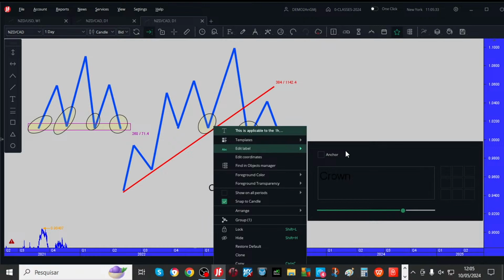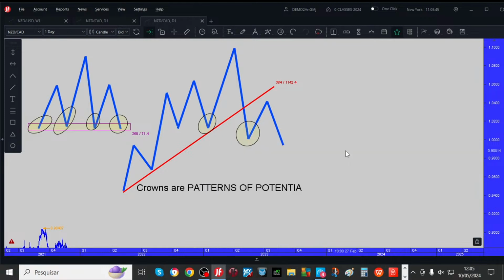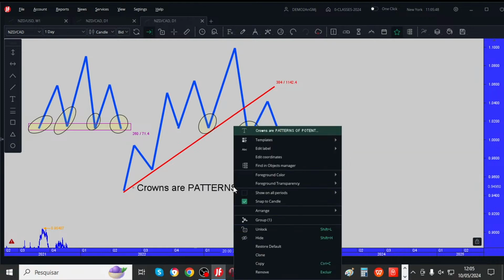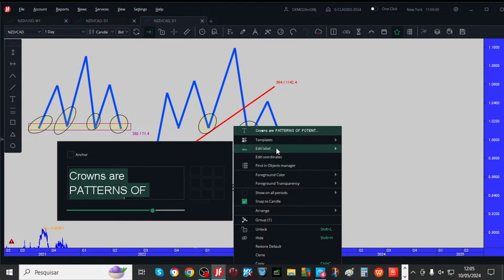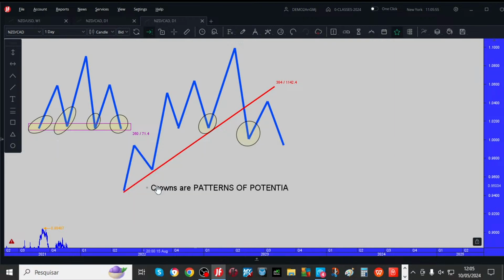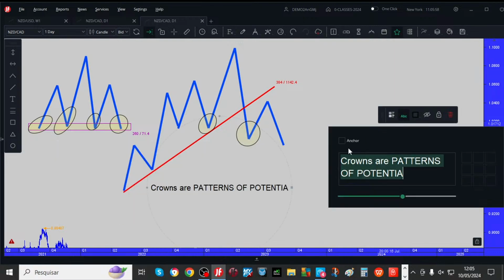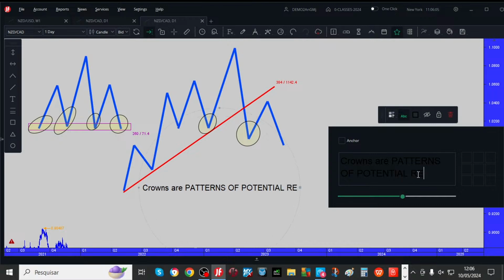Crowns are patterns of potential reversals.